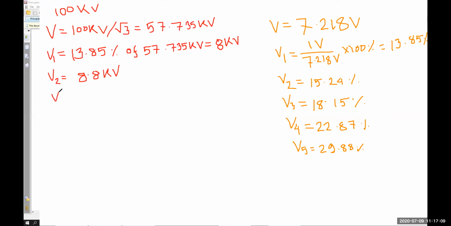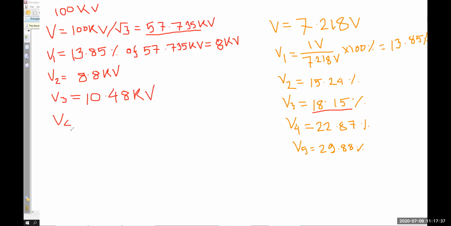Okay. V3 will be 18.15% of these, right? That is 10.4748 actually, kilovolt.